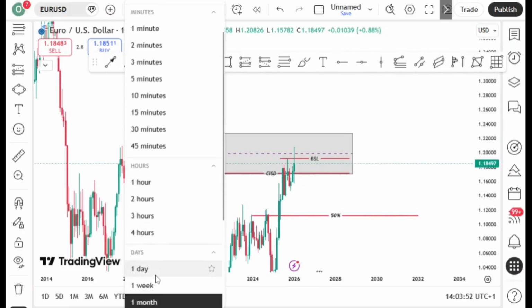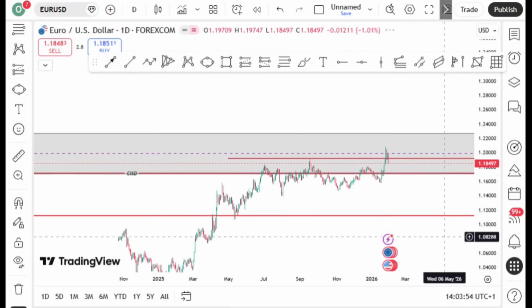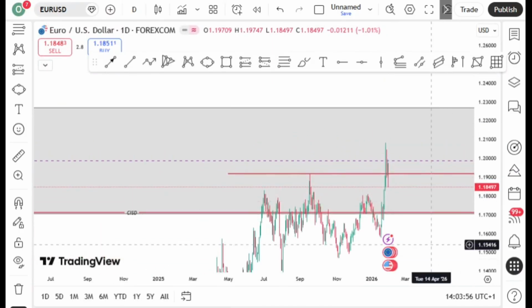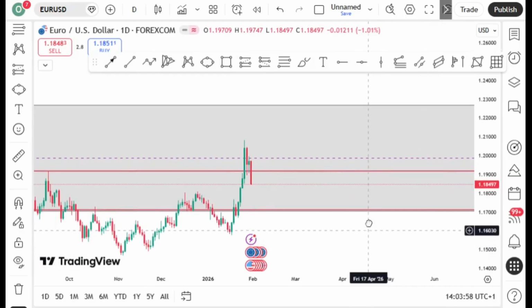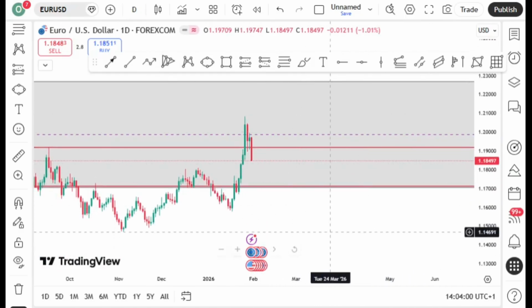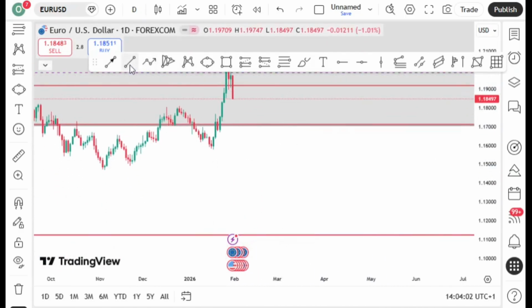From my daily, I'll be looking for market to break this current low.